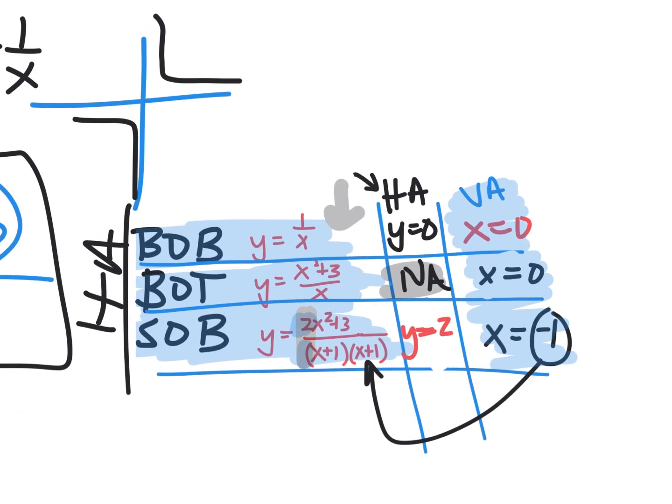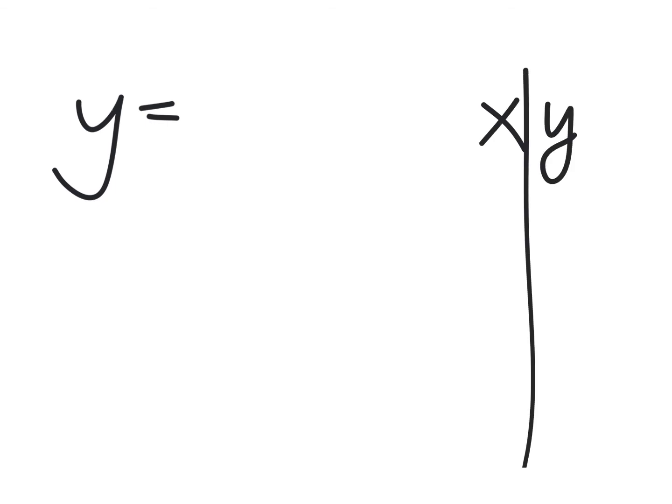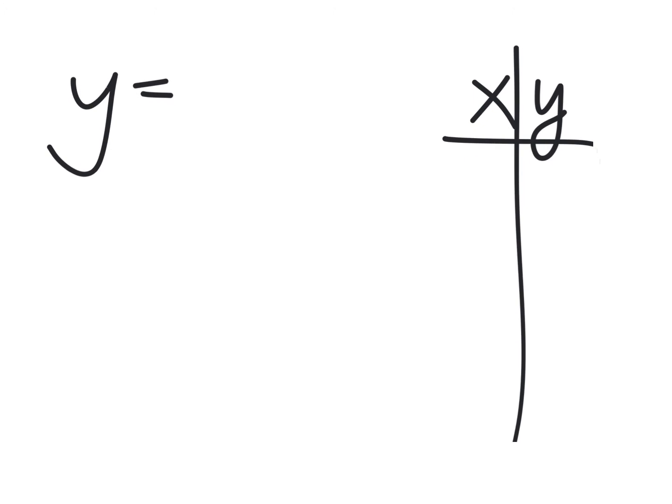All right, cool. Now, how do you get other points? Let's say here's an equation. It's not just a random equation, but one where I'm not going to know a lot of the points. I'll have to make up a ton of points for this one because it's going to be a strange looking thing. It's going to do that cross the asymptote deal. The hard part here is not finding the asymptotes.